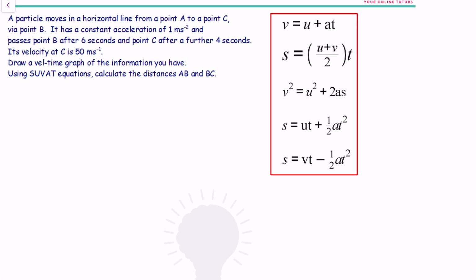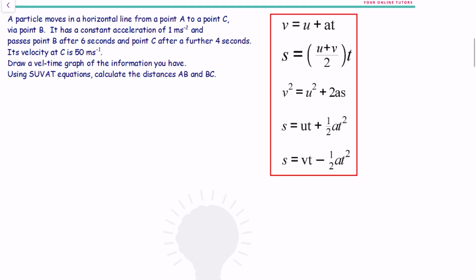A particle moves in a horizontal line from A to C via point B. So we've got A, B, and C, with a constant acceleration of 1 meter per second squared. When we label acceleration, I normally label it with a double arrow. And it passes point B after 6 seconds, so from here to here is 6 seconds, and point C after a further 4 seconds.